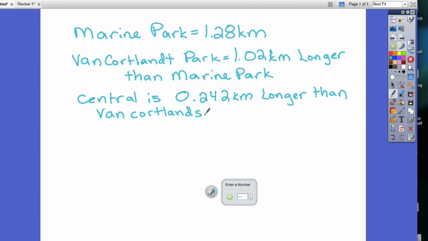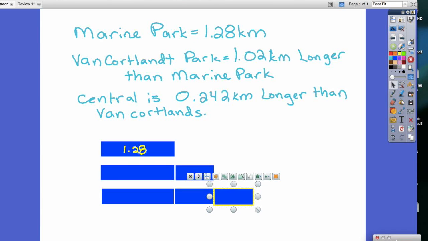So it says Van Cortlandt Park's walking trail is 1.200 kilometers longer than Marine Park. Central Park's walking trail is 0.242 kilometers longer than Van Cortlandt's. So your job is to find out how many kilometers long the walking trail is in Central Park and how many kilometers long the walking trail is in Van Cortlandt Park. So talk with your neighbors for a little bit and see how you think that you would solve this problem.